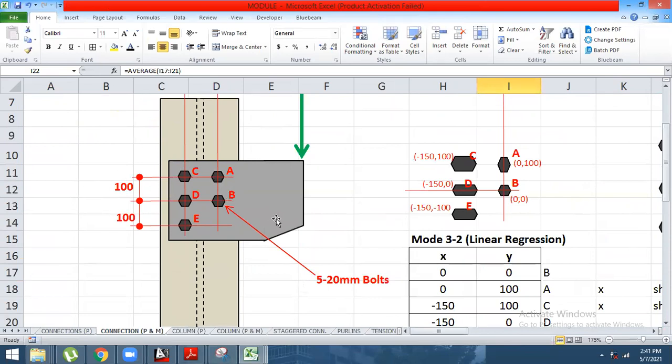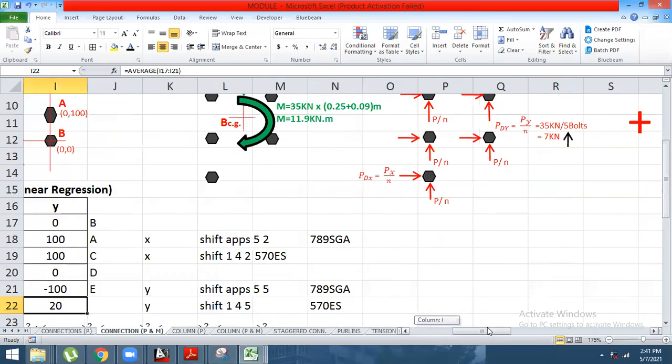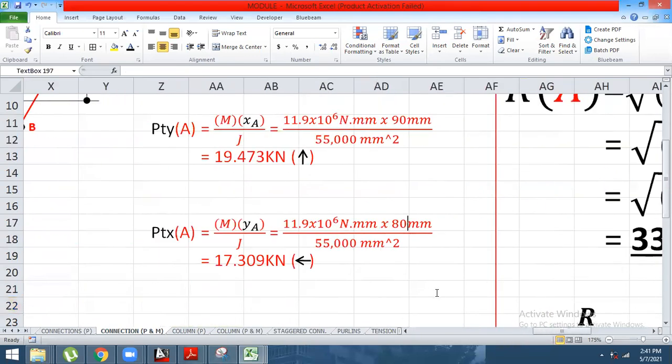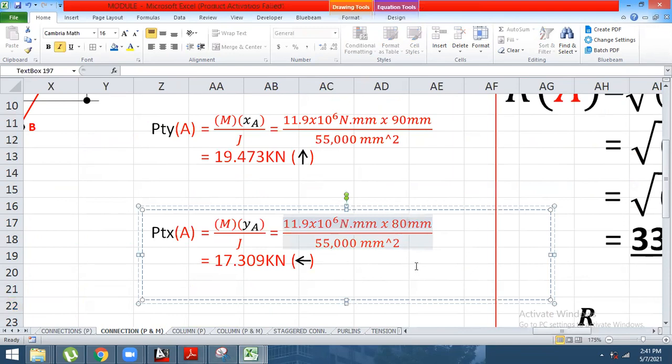Therefore the vertical distance between A and the center of gravity is 100 minus 20, so that is 80 mm, divided by the J. So therefore we have 17.309 kilonewton.